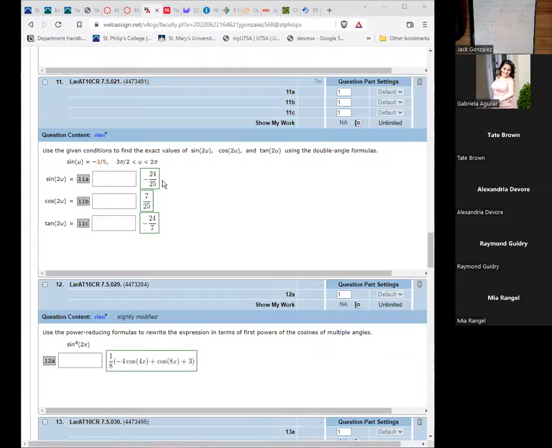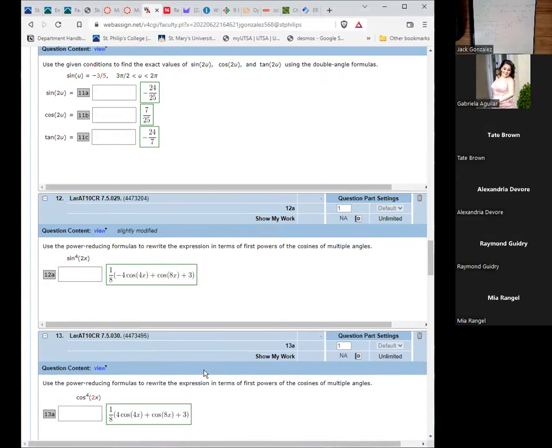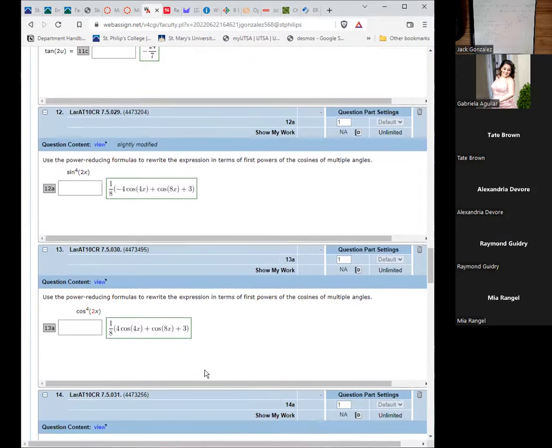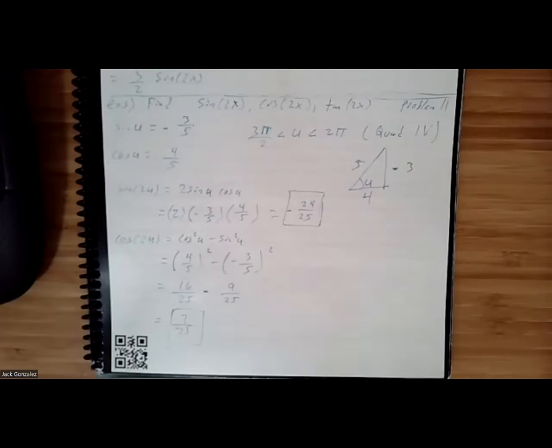So you use the given information to build your triangle, you use your formulas to fill in these answers. And that's it.